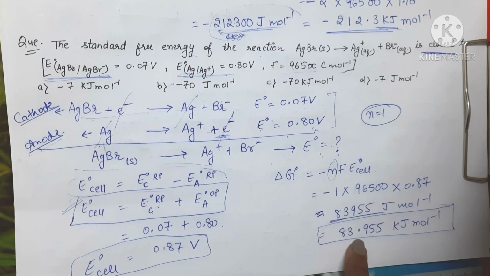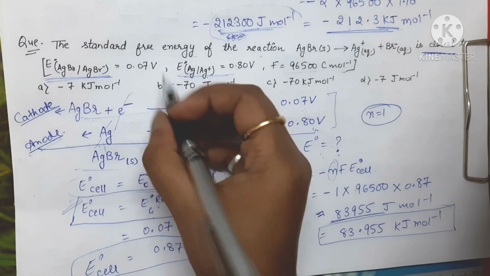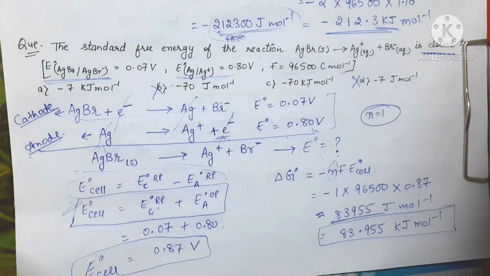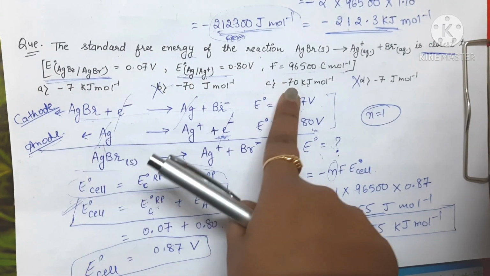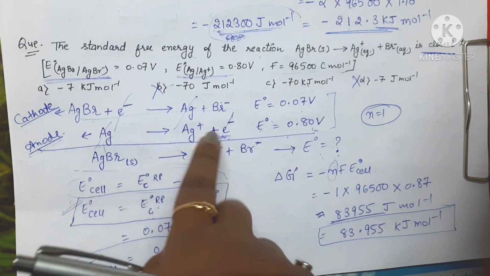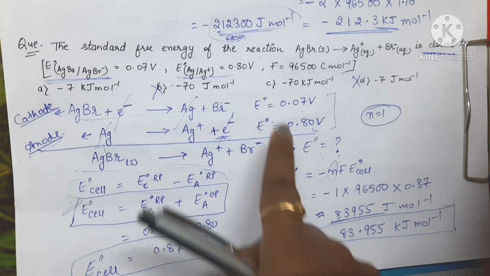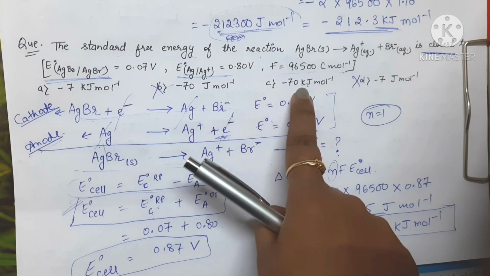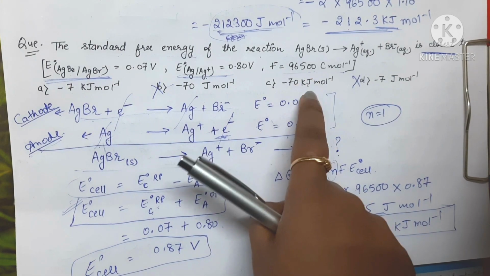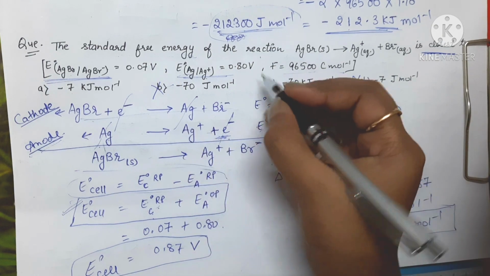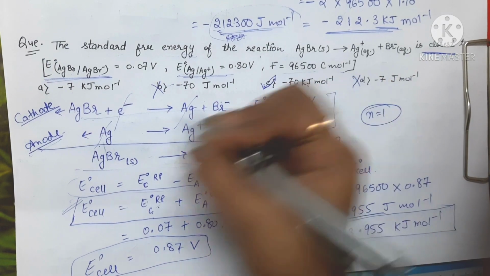So we converted this value into kilojoule per mole and we got the answer as 83 point something, right? So now these two options are already cancelled out. Out of A and C, what you can see is that 83 kilojoule per mole approximately is closest to minus 70 kilojoules per mole, right? So the correct option is going to be option C.